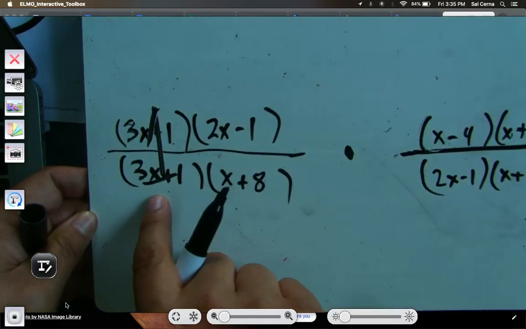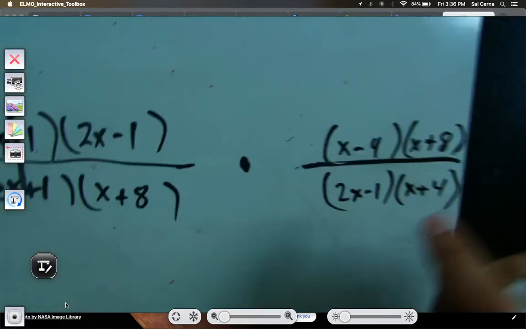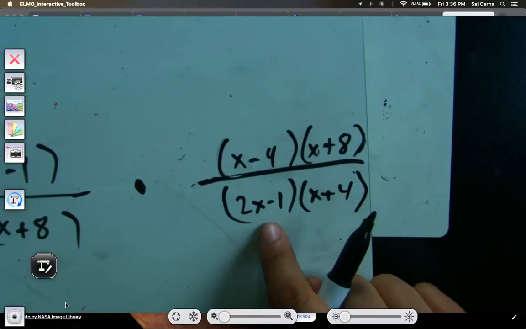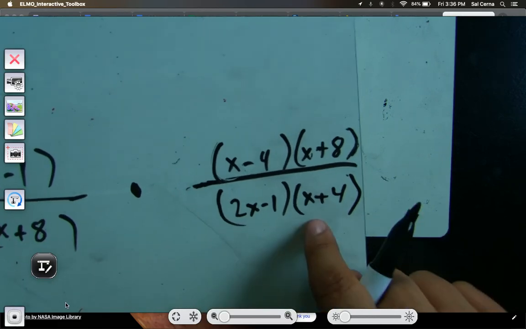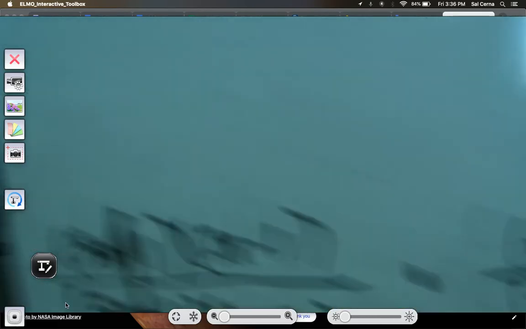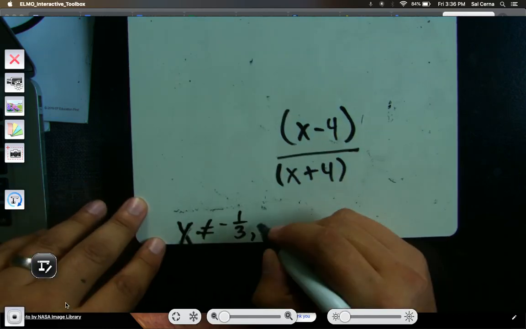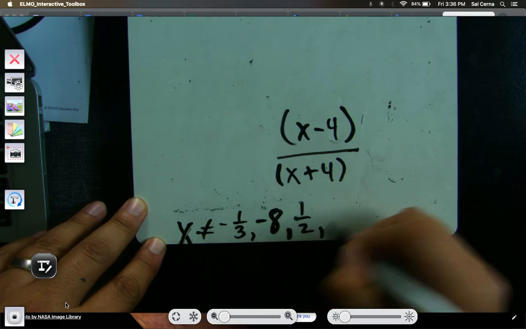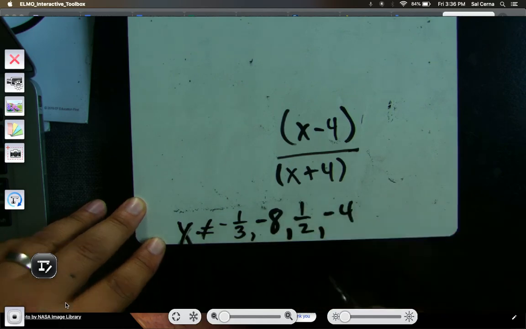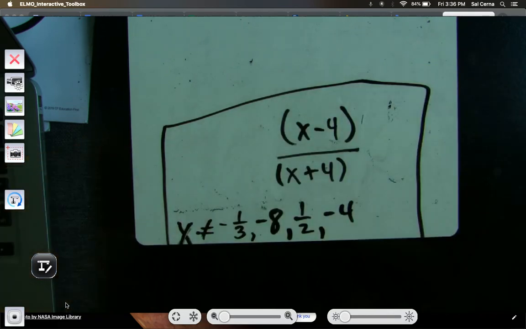X can't equal negative 1/3, which I have here. X cannot equal, I believe this to be 1/2. 2 times 1/2 is 1. 1 minus 1 is 0. And x cannot equal negative 4. So those are my real number values. And I'll put it to the side so I don't forget what I have. And negative 4. And this, after all the work, is my final answer.